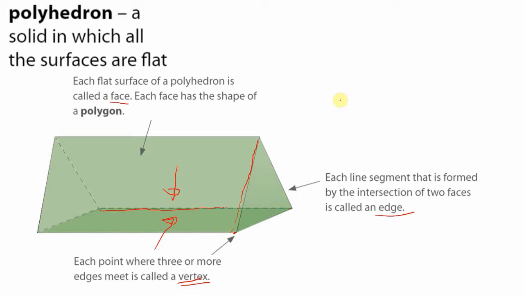So if you think of our classroom, the corner at the top of the ceiling or the corner at the bottom at the floor, where we have the floor meeting 2 of the side walls, that would be a corner.